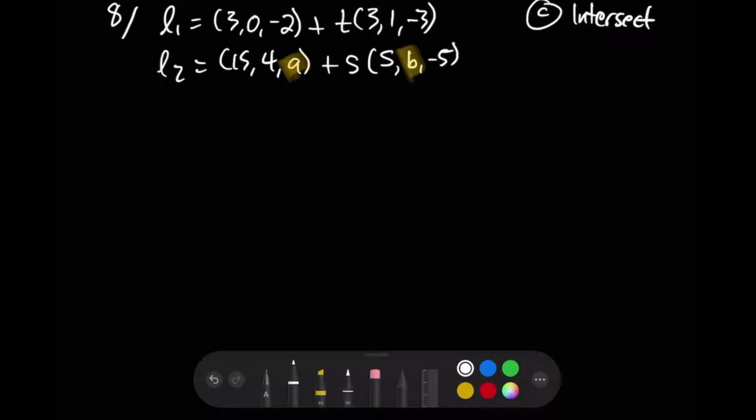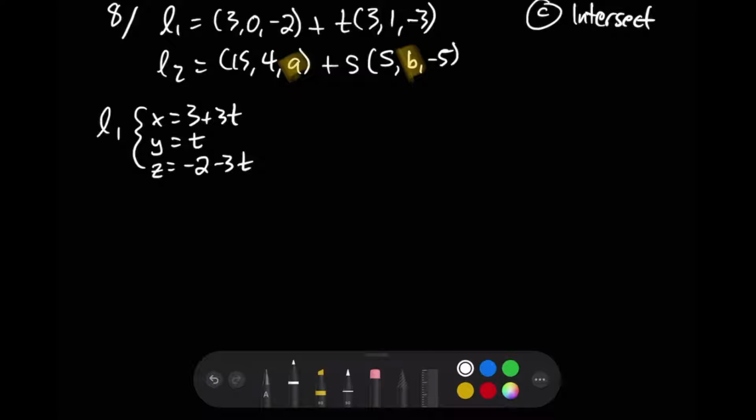Let's see how we're going to do that. To ensure that the lines intersect, there must be a solution to the system of equations where we set the components of these lines equal to each other. So we're going to start by putting these both in parametric form and then setting the pieces equal to each other. For L1, x equals 3 plus 3t, y equals 0 plus 1t, so t, and z equals -2 minus 3t.